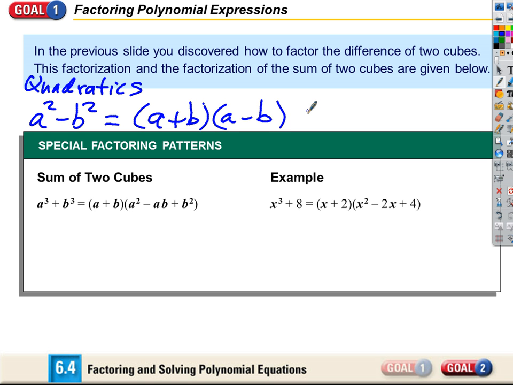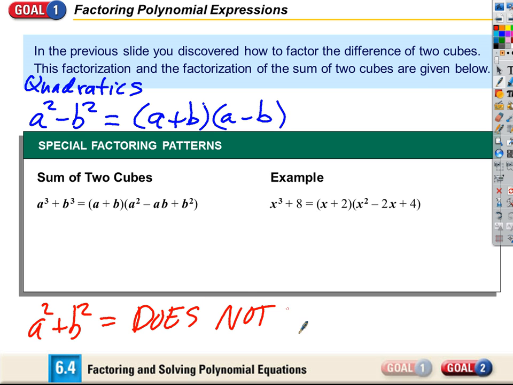Now, it's important to also recognize the other potential factoring pattern for quadratics, for second degree polynomials. A squared plus b squared does not factor. So if we get something like that, for example, if you were asked to factor 2x squared plus 8, you'd know right away, don't even try.